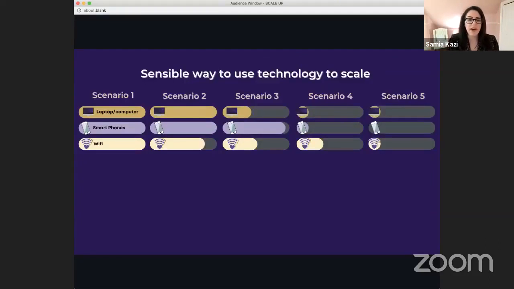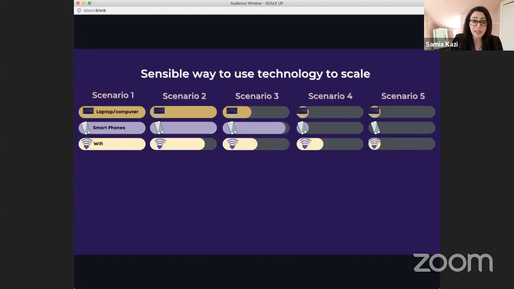So let's think about 5 potential scenarios. So scenario 1, all of the learners in your new market or your new region have access to personal laptops and computers. They all have smartphones and they all have access to Wi-Fi. That's the ideal scenario. But then look at scenario 2. They still have access to laptops and smartphones, but the Wi-Fi is not so great.